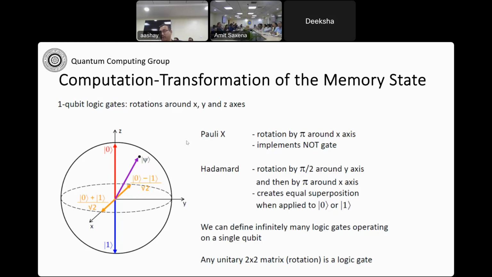Because you have a unitary operation U, which acts on a quantum state psi and generates psi dash. Given you know U, you can always generate U inverse, which is nothing but the conjugate transpose of U. So now if we apply U inverse on psi dash, which you generated earlier, the actual operation is U inverse U psi, which is I psi, which means you get back psi once again.